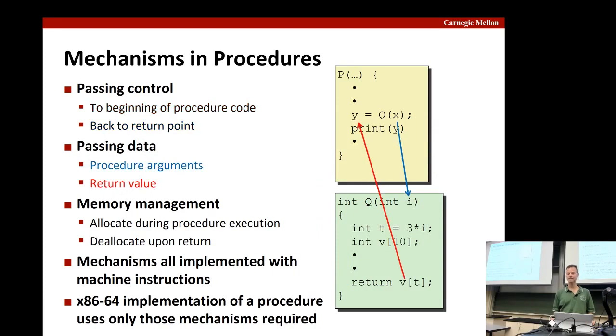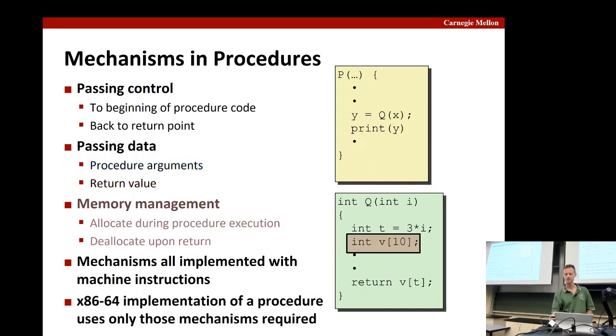In terms of data, there's the arguments that get passed into the procedure, into the function, and that's shown with the arrow in blue. And then if it returns something, there's the return value getting passed back to the original caller. There's memory management.